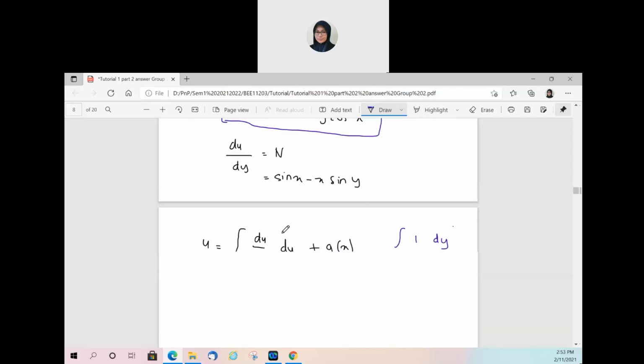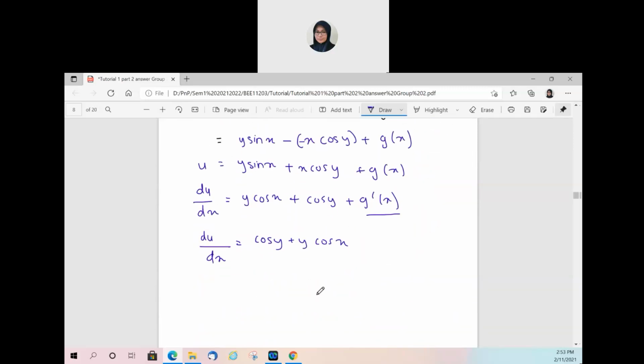What is g prime x? 0. See, you have here cos y, also you have here y cos x. Is there any other left for g prime x? Tak ada. Therefore, your g prime x is equals to 0.